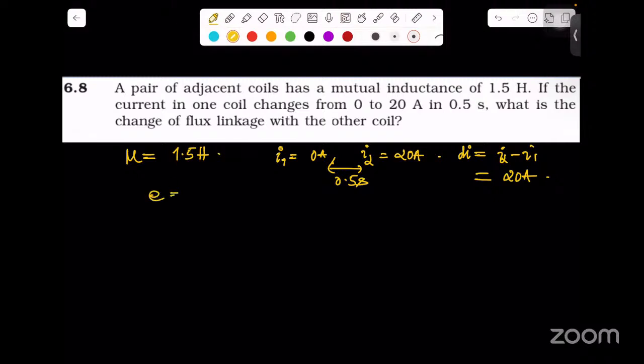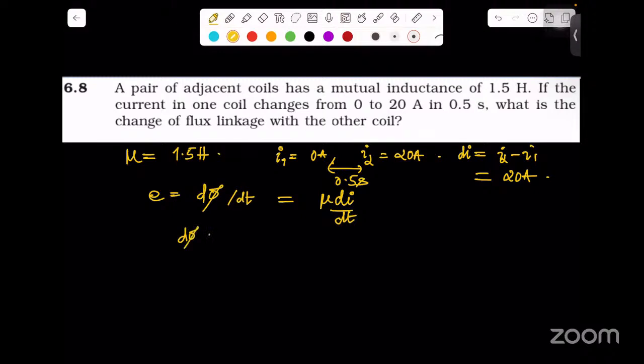And the induced EMF, as we know, is d phi upon dt. And the EMF is linked to the mutual inductance as mu di upon dt. Okay.